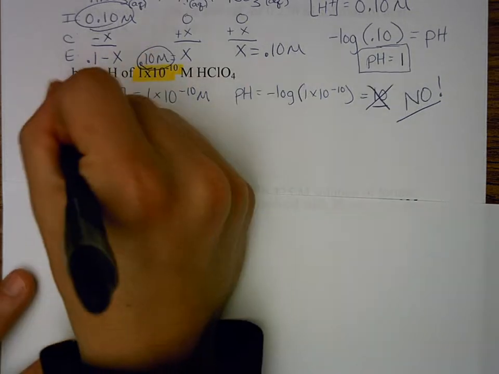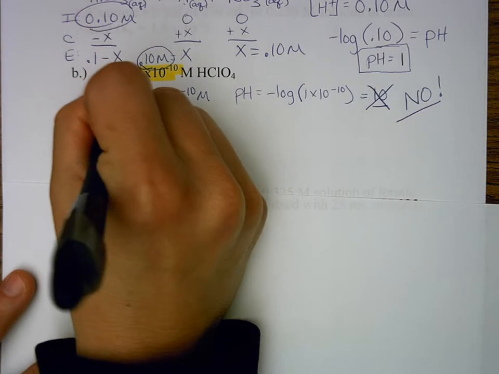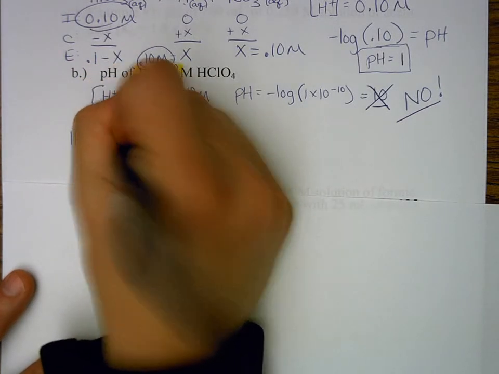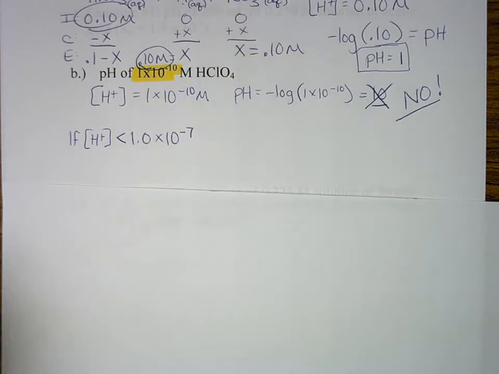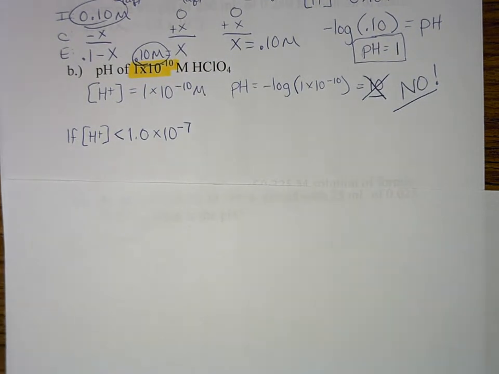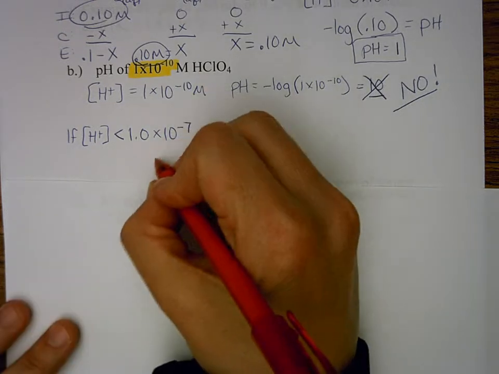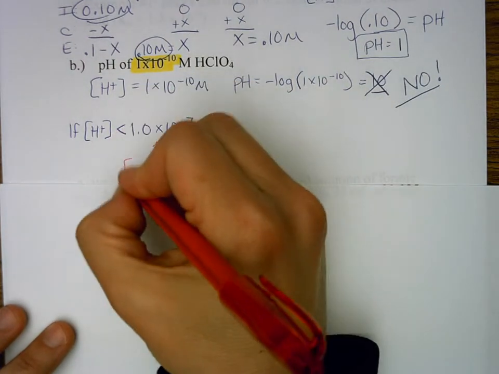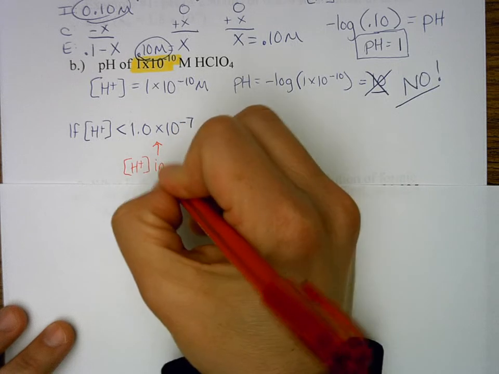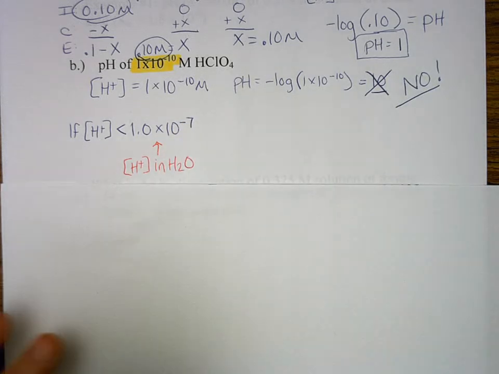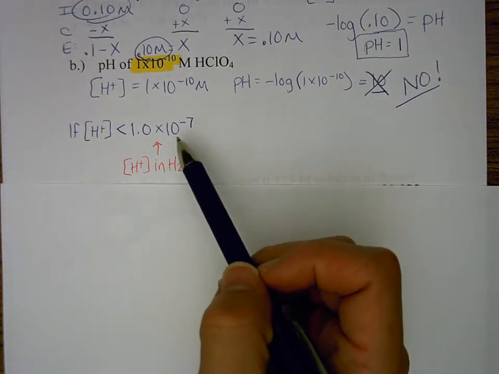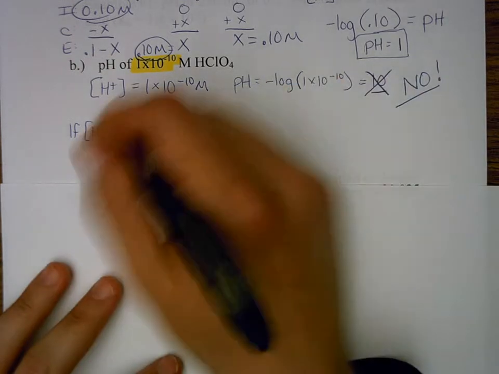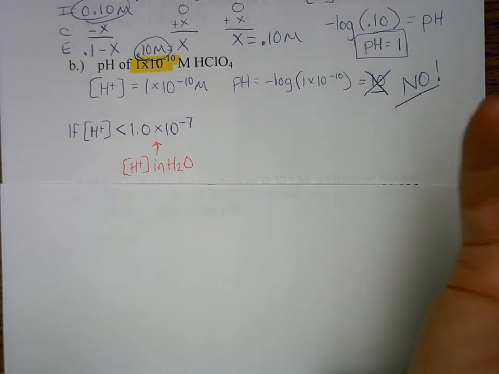And so if the hydrogen ion concentration is less than 1.0 times 10 to the negative 7, which is the hydrogen ion concentration in water, if the concentration of your acid, whether it's strong or weak or anything, is less than 1 times 10 to the negative 7, then it's so small that it doesn't affect the pH at all.